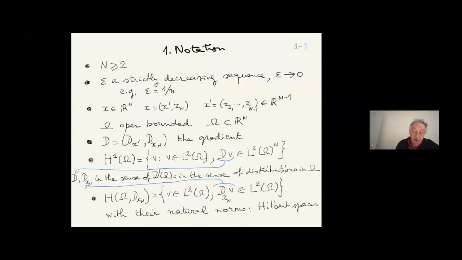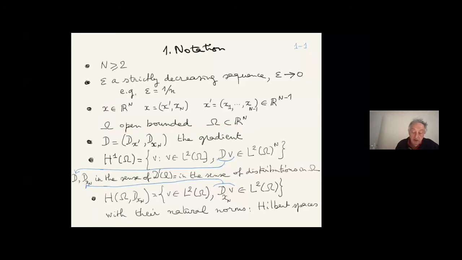Every point x in R^n will be decomposed in 2 parts. The first part, x prime, which is the first n-1 components, and the second part, x_n, which is the last coordinate, the vertical coordinate. Omega will always be open and bounded and included in R^n.